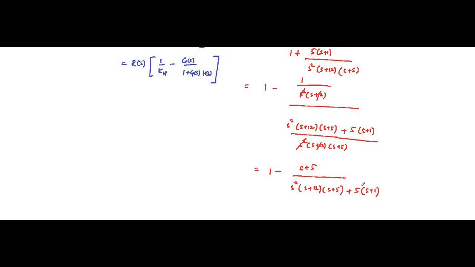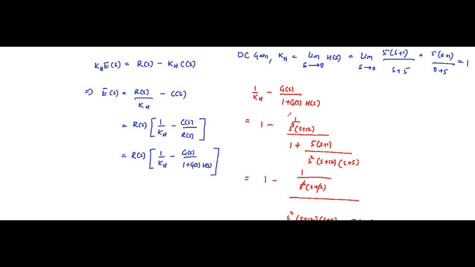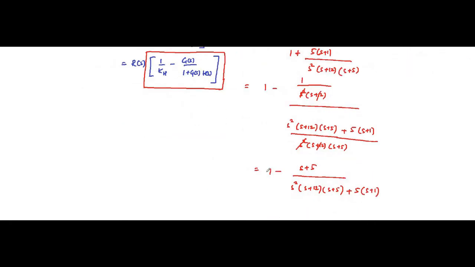This is the equation that we want: 1 by Kh minus G(s) by 1 plus G(s)H(s), this much portion. Then we'll substitute R(s) with 1 by s for step and 1 by s square for ramp.